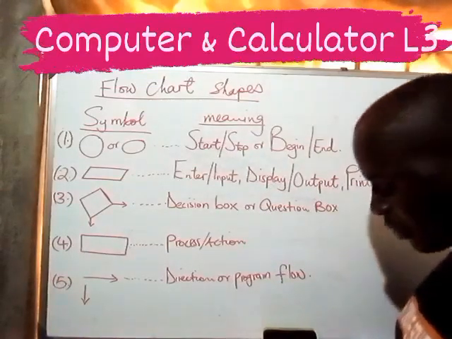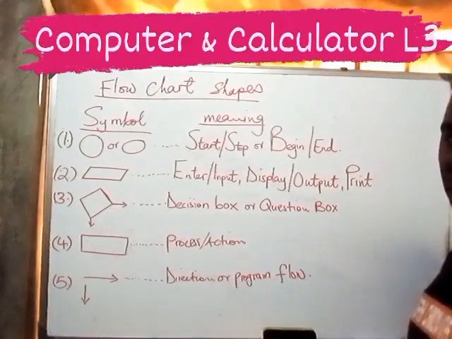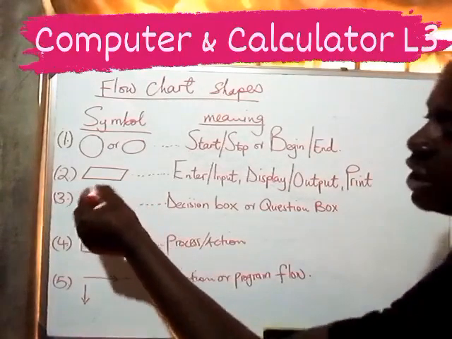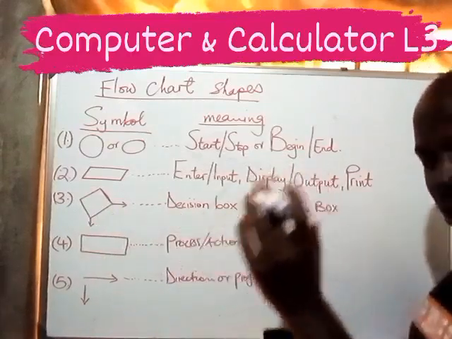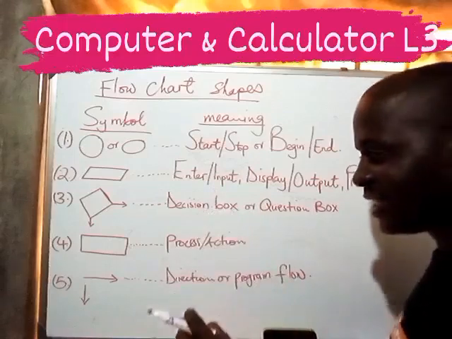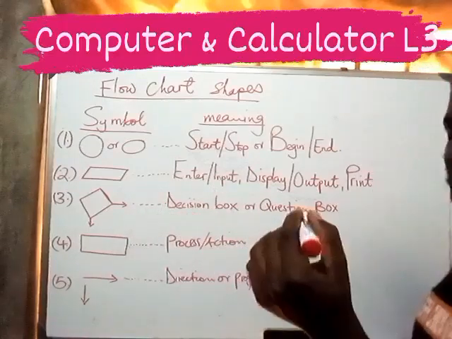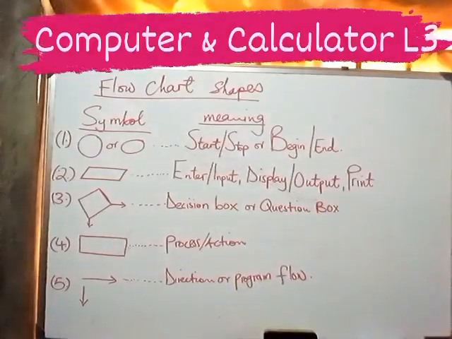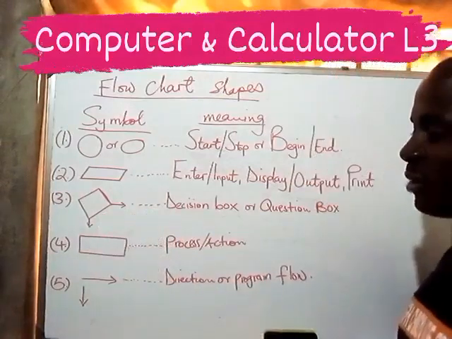Then we also have another shape, which is this shape there. It is used for decision. It is a decision box or a question box. So this is what that box is all about.